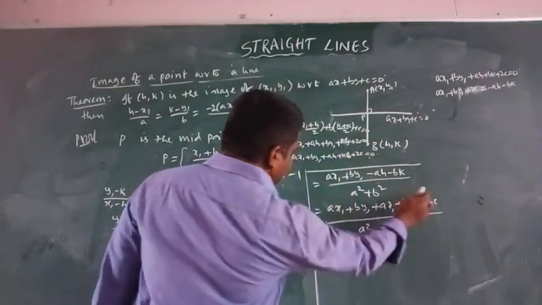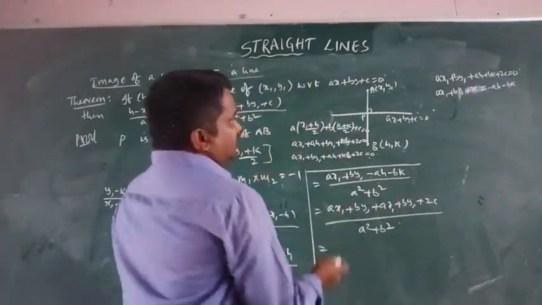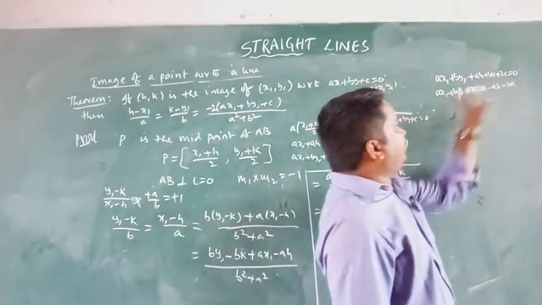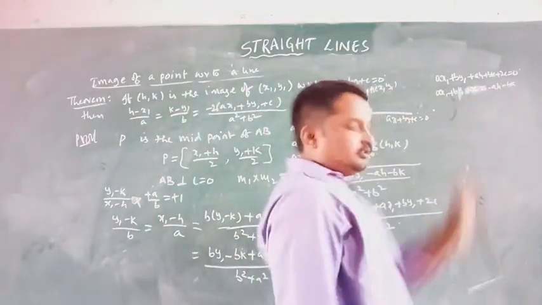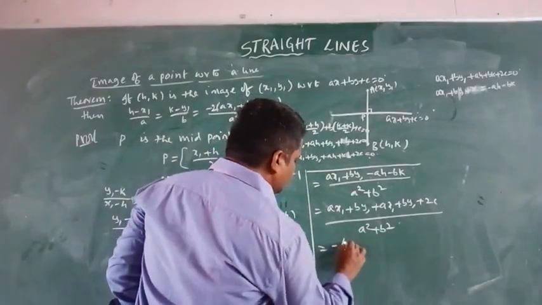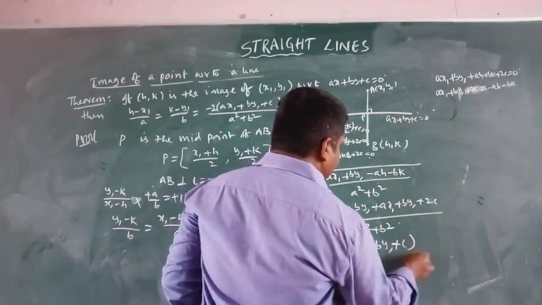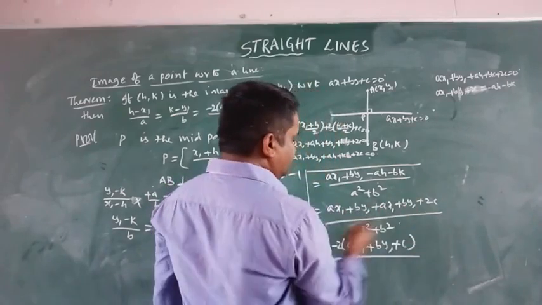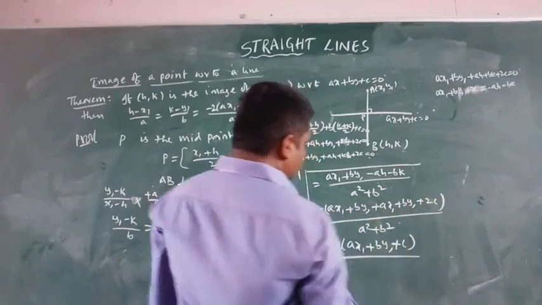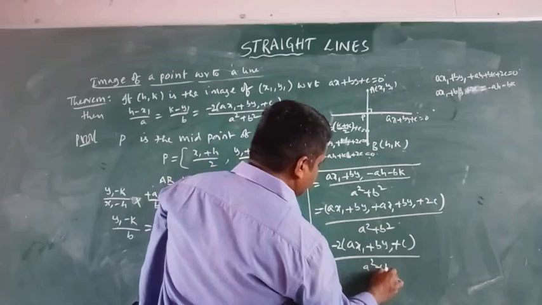So finally each one is 2 times. So here ah plus bk, you may take the minus common. So 2 times (ax1 plus by1 plus c)/(a square plus b square).